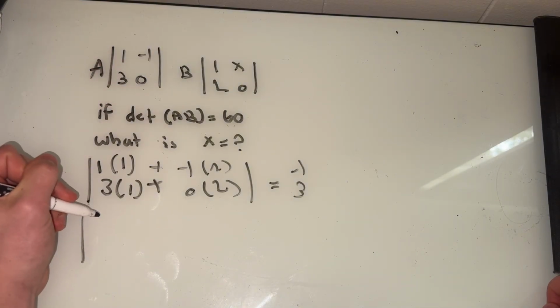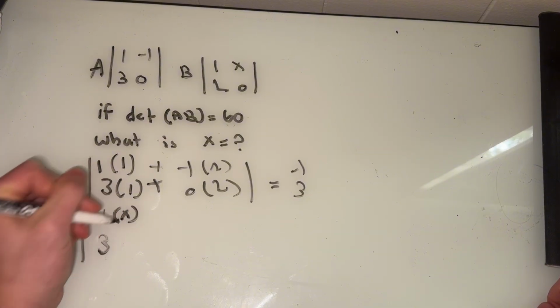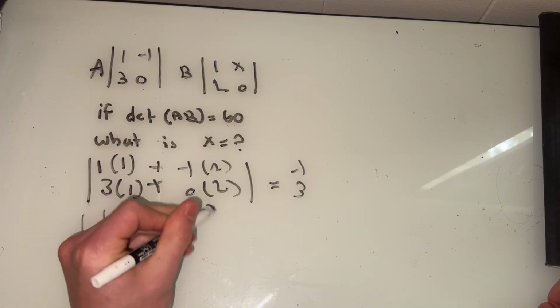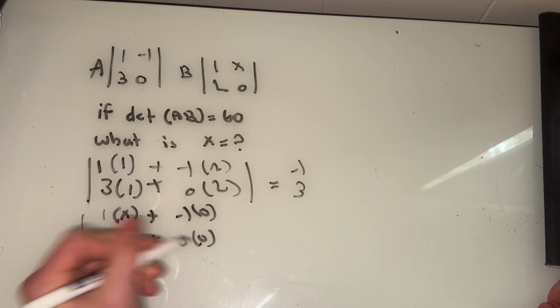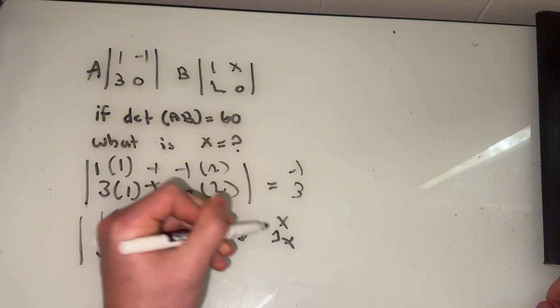All right. Then we have 1 and 3 times x plus negative 1 times 0 and 0 times 0, which equals x and 3x.